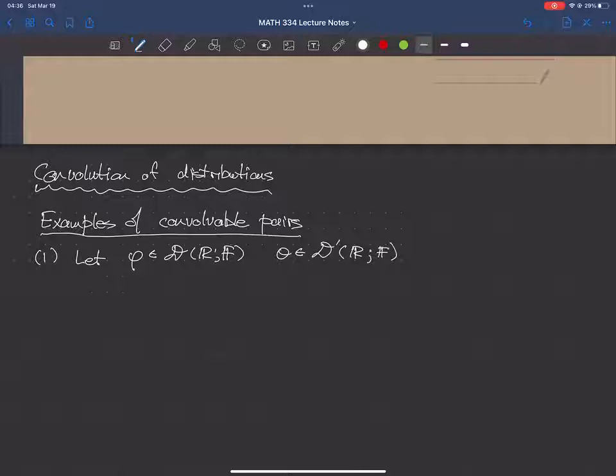This may not seem like an enormously interesting convolution to define right off the bat, but we'll see that indeed it is, and convolution with things in here provides us, as we'll see, with a very powerful tool in what's called approximation theory.